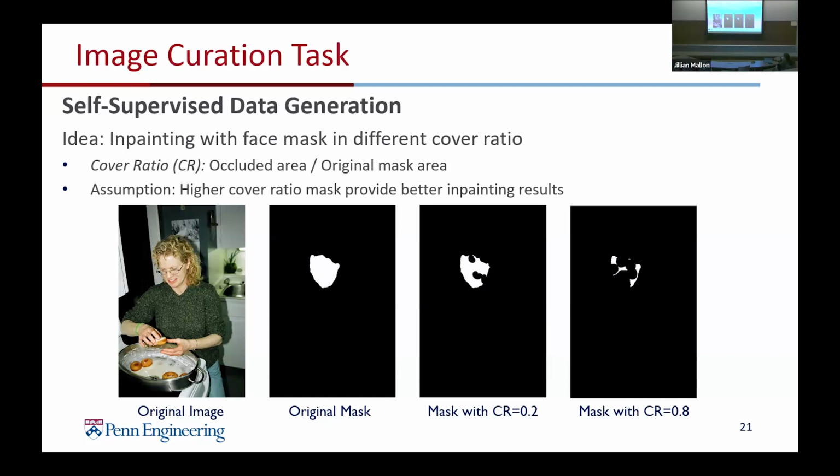We generate this occluded mask through a simple script, which randomly paints on the original mask, such that it is divided into irregular shapes or multiple regions. Our assumption is that as we use this occluded mask, the image quality should get better when the cover ratio increases. In this case, a higher cover ratio means the mask region is actually smaller, which would leave fewer noticeable artifacts.